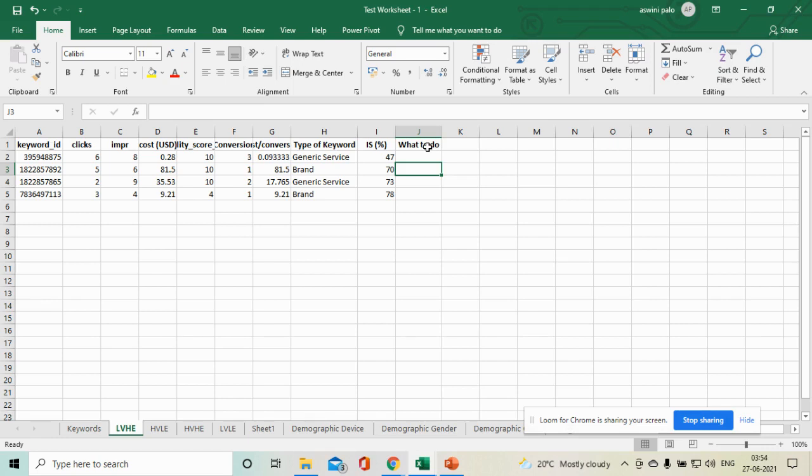So if we are okay to go a little ahead for this, right now we are showing only for 70% of the total impressions. If we can increase it to 90% or up to 100%, there is no harm because we are the brand and we want to exploit our brand keywords.